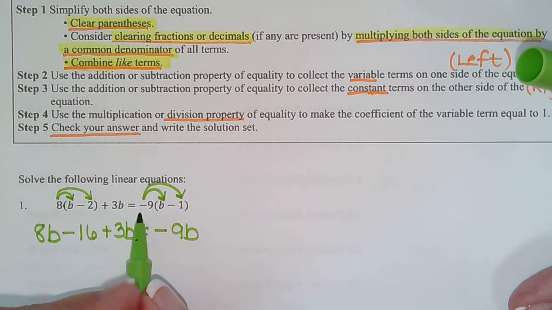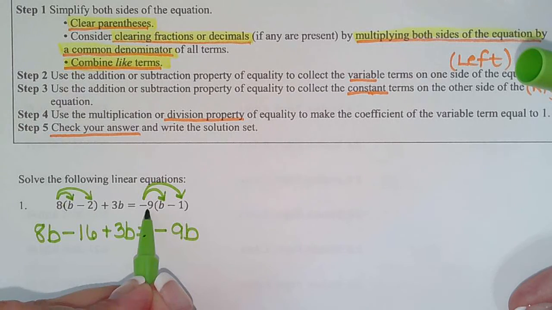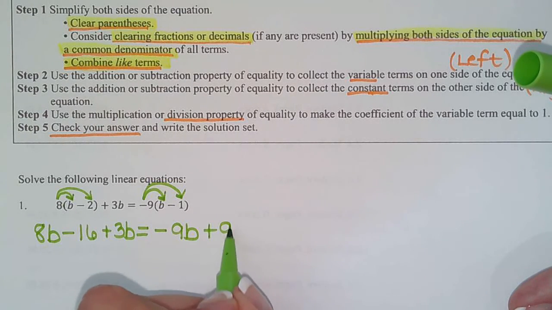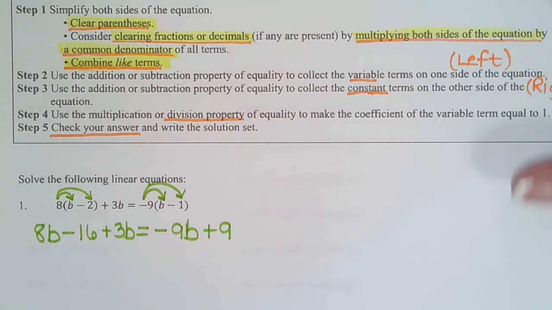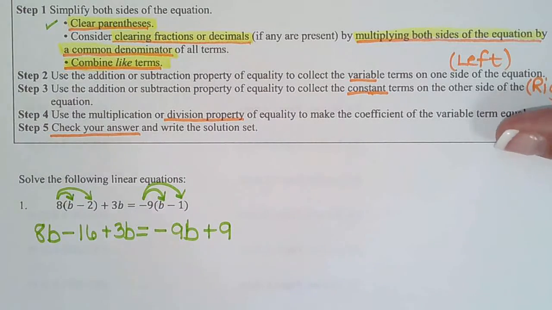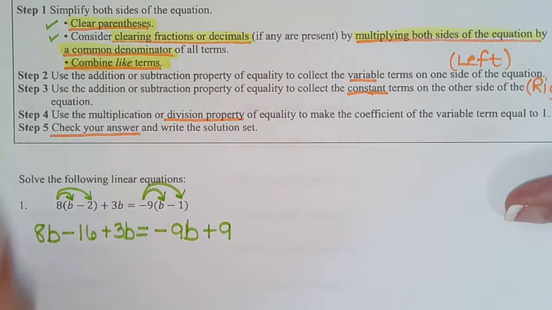Be careful with your sign here. -9 times -1 is +9.